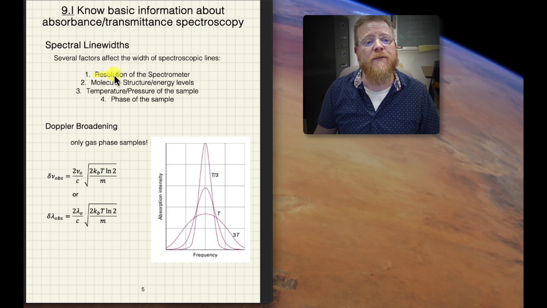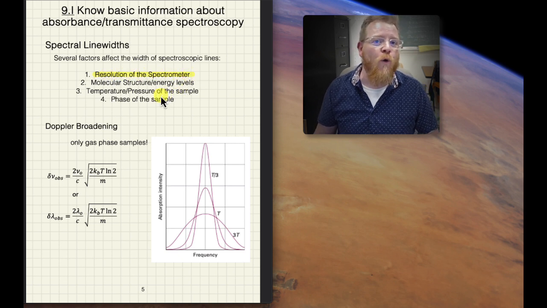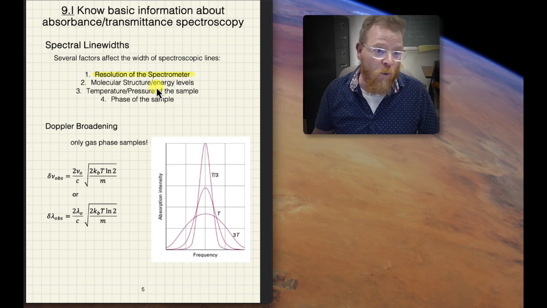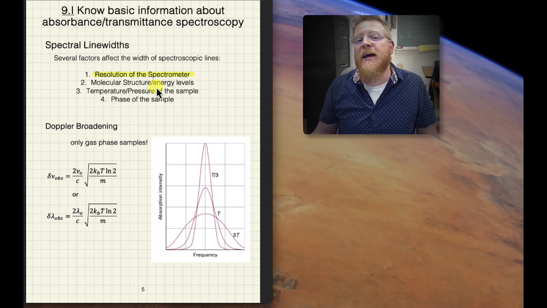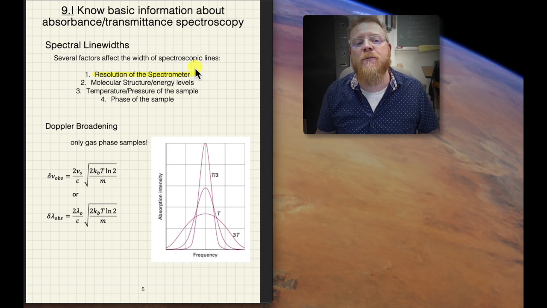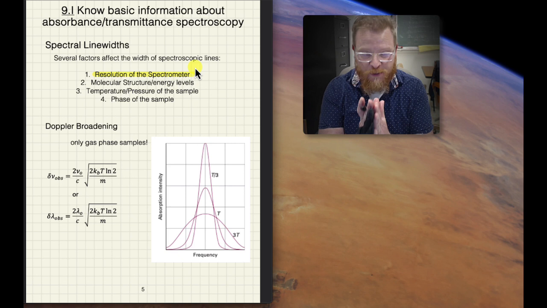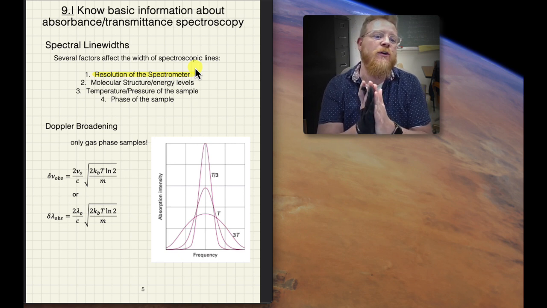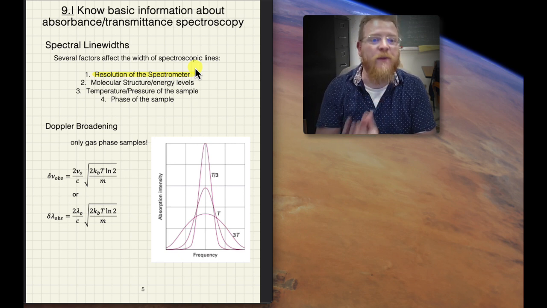The resolution of the spectrometer, we typically have some pretty good control over, based on what our spectrometer is. But at a certain fundamental limit, we will reach a maximum possible resolution, which will give us a very thin peak, but we might not be able to go any thinner than that.